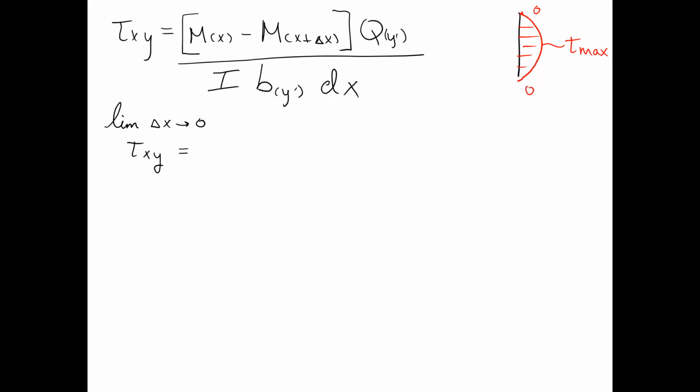Now what happens when I have a delta moment and dx becomes very small? Has an M in it, but it's not M. What happens when you have a finite difference and then you make it really small?